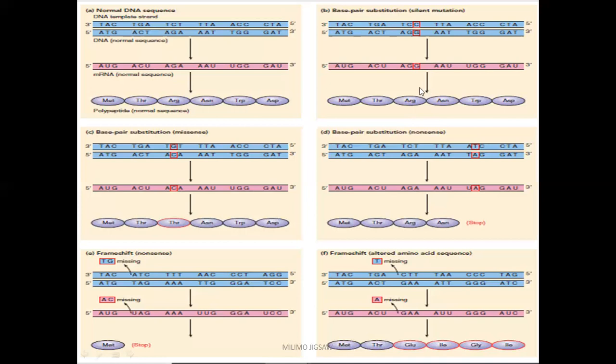Silent mutations are base pair substitutions that have no discernible effect. As already mentioned, a mutation in a protein coding gene that does not alter the amino acid sequence is known as a silent mutation, as in the example. It is still going to code for the same amino acid.